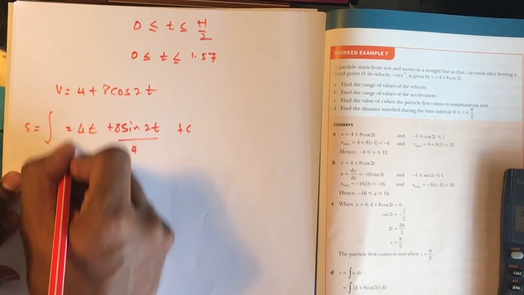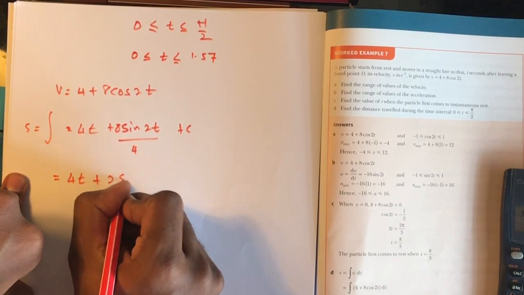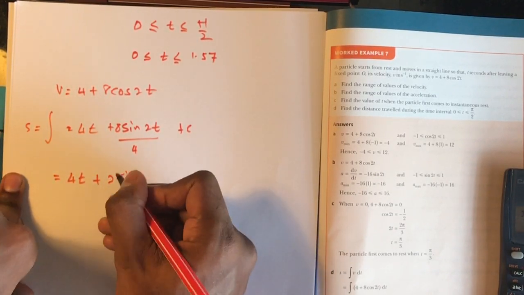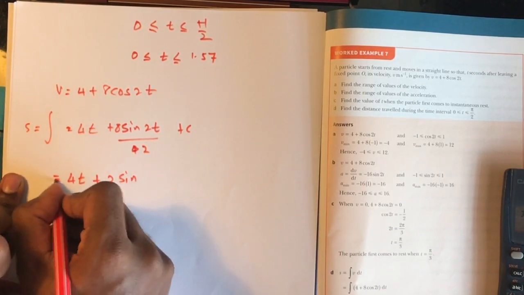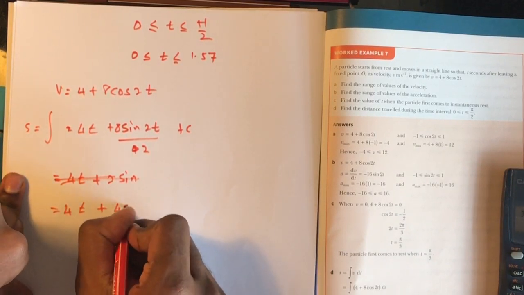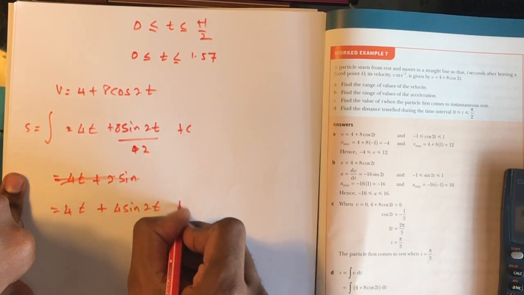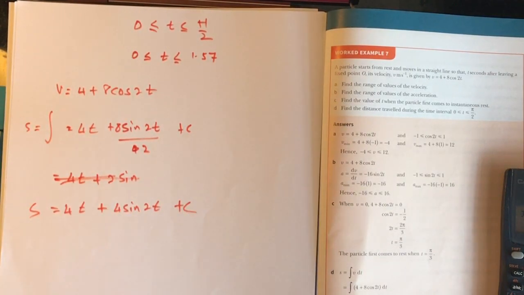So it's 4t plus 8 over 2, which is 4 sine 2t, plus c, equals our displacement equation.